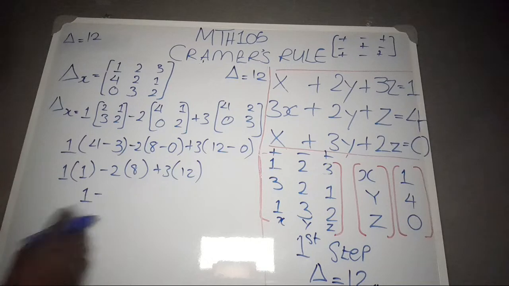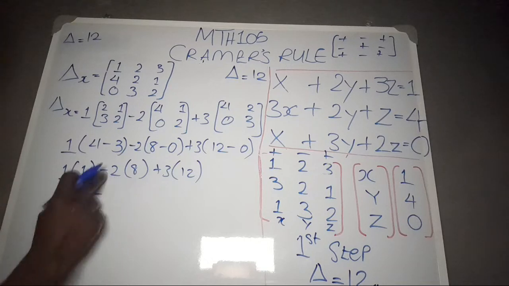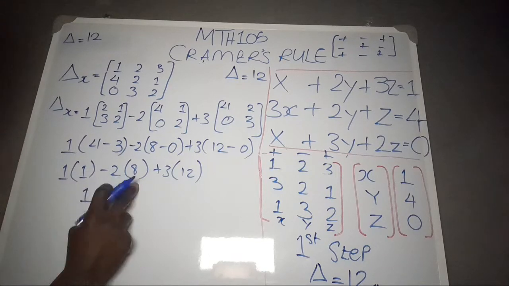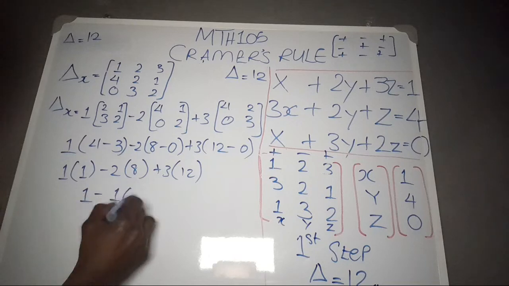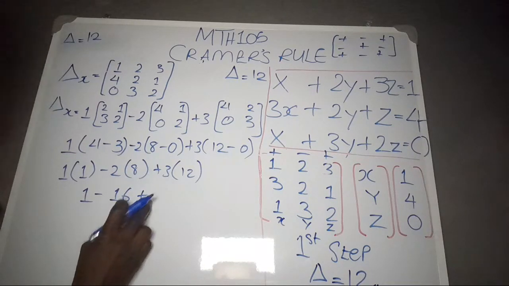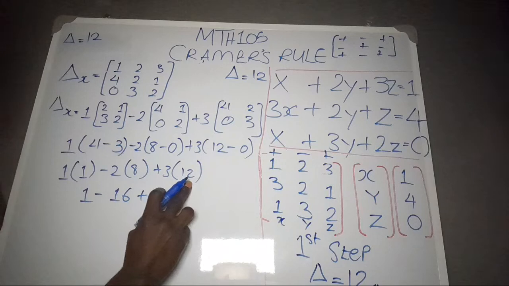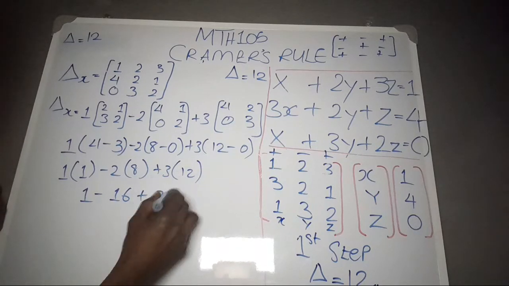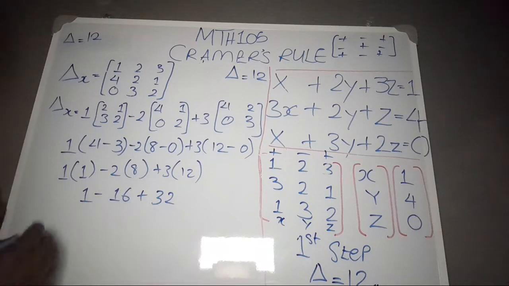So we have this minus, we bring it down. Then this 2 multiplied by 8 gives us 16. Then I'll bring down this sign. So 12 in 3 places now. 12 in 2 places gives us 24. This should be 32. Stand to be corrected. So we have positive 1.